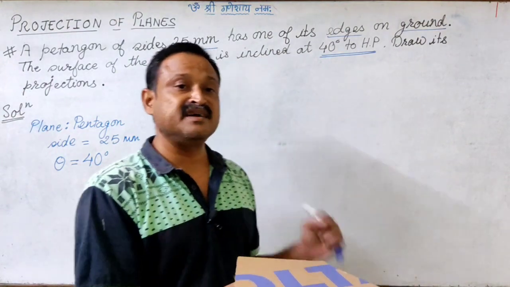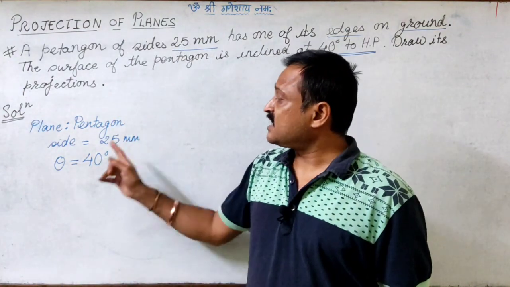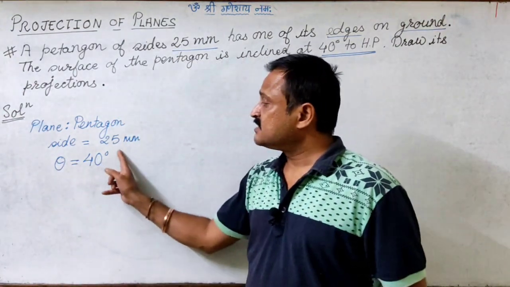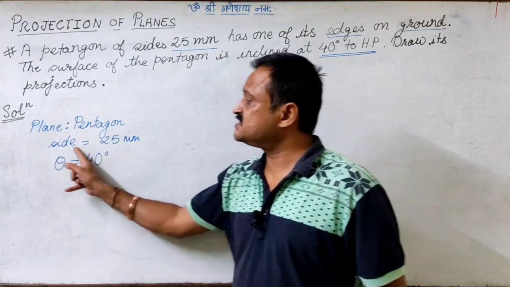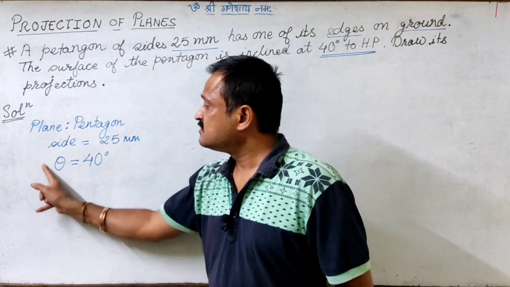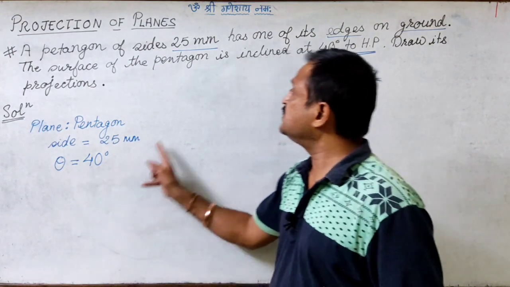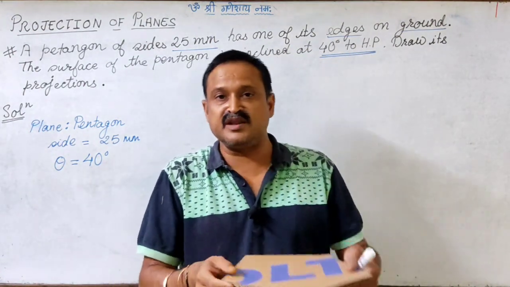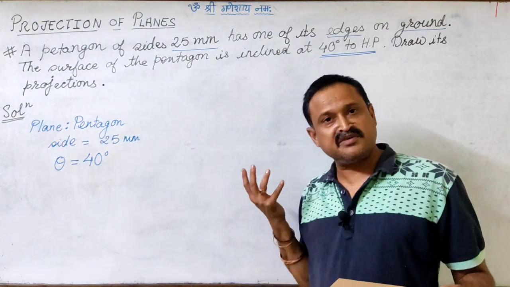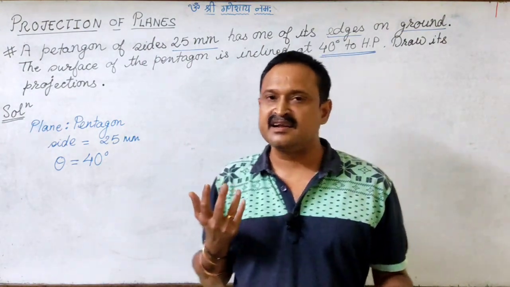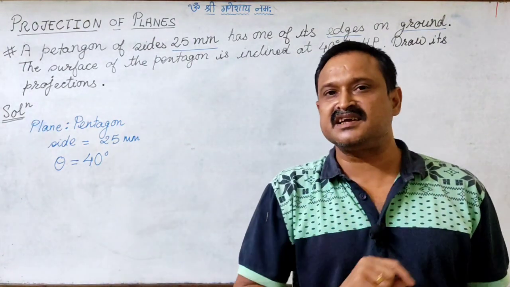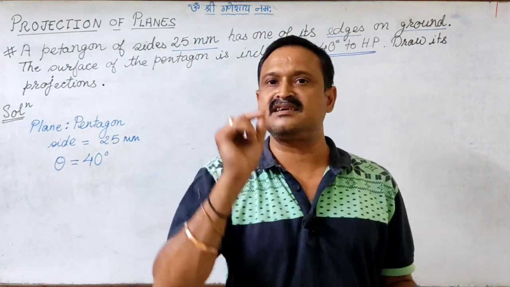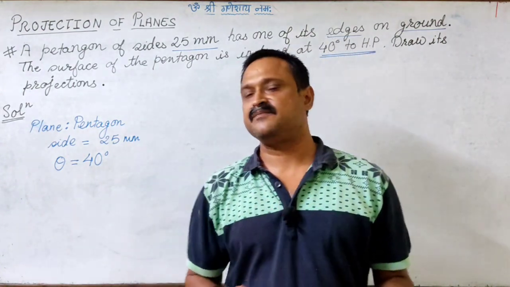Why are we doing so? Because again, if you see the data, it is said that the surface is inclined at 40 degrees to the ground. Inclination with the ground will be visible only in the front view, right? And to draw this inclination I need the trace of the plane.